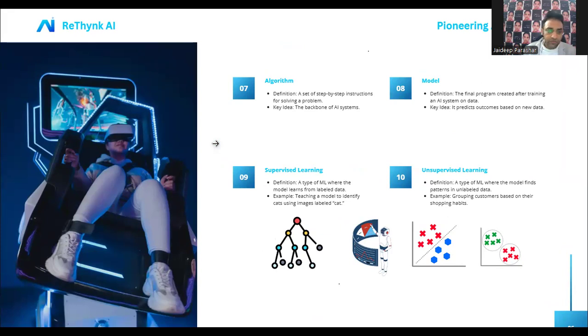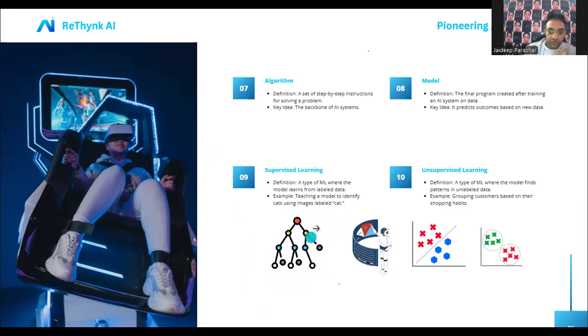You make a step by step instruction set to solve a particular problem, like Tesla driverless cars, drones, ChatGPT, Gemini, Copilot. All these are algorithms. What we see is the end product, but behind the scenes there is a set of instructions which work continuously. So in this case, you can say this is our algorithm where we have defined particular instructions. If this happens, go to this node.